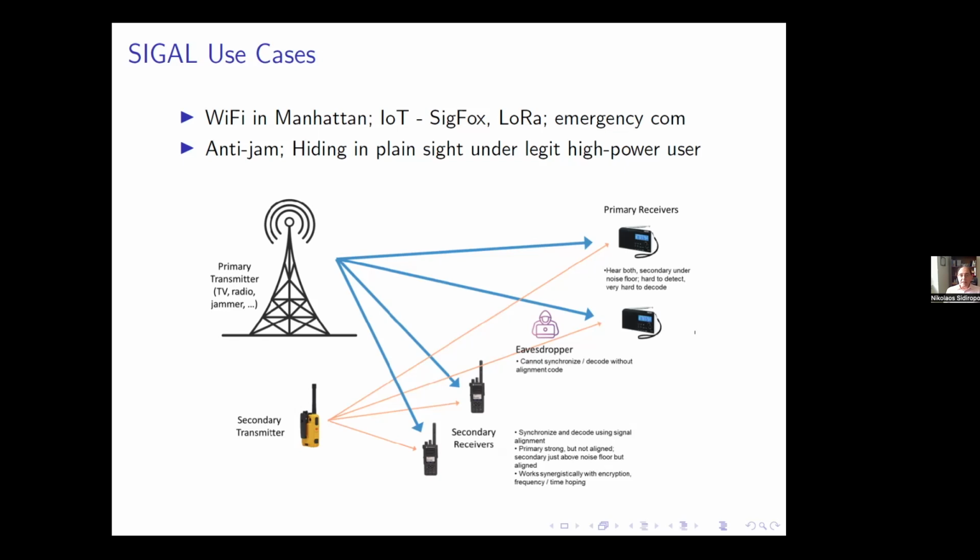Finally, there are important applications in defense. In particular, think of the FM transmitter or the primary transmitter as being a jammer that is trying to deny your ability to communicate. You can use this technology to withstand that. You can also use it to transmit inconspicuously under legitimate high power stations.